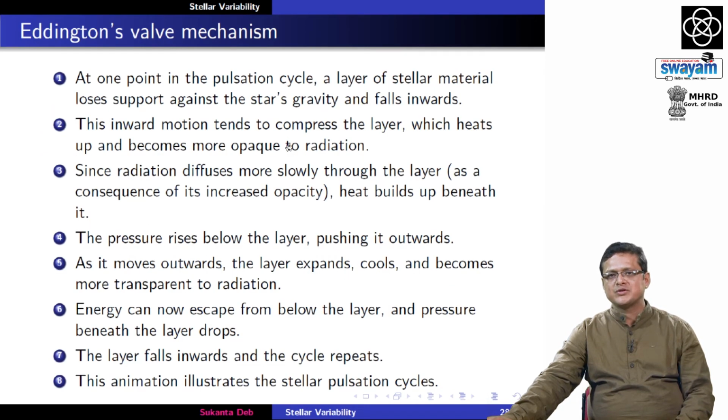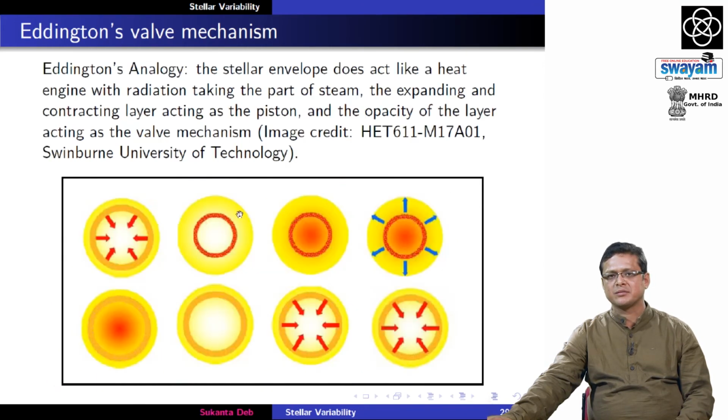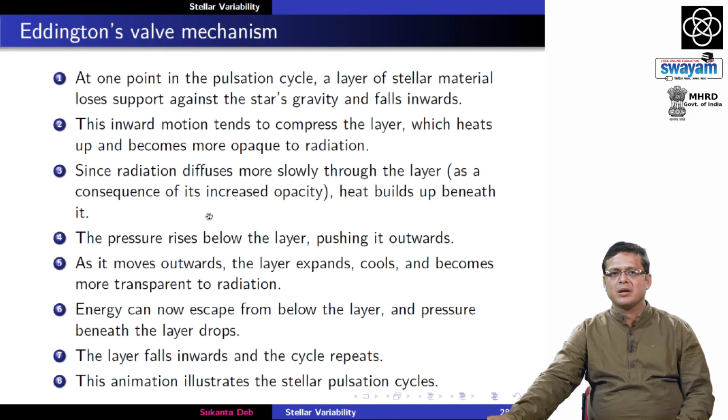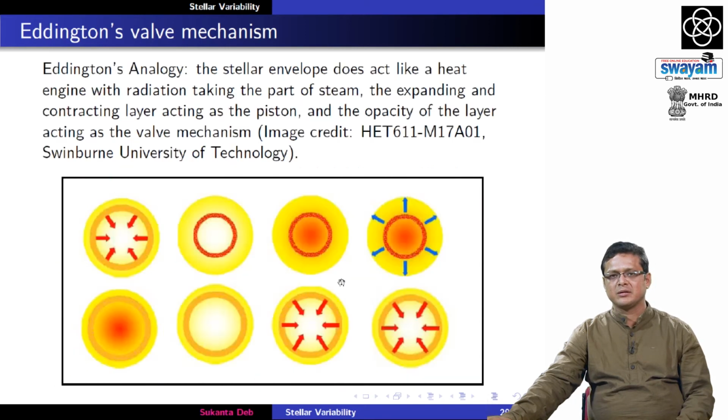This inward motion tends to compress the layer, which heats up and becomes more opaque to radiation. As the layer is compressed, the gas within it is heated up and becomes more opaque to radiation. Now, the radiation diffuses more slowly through the layer as a consequence of increased opacity, and heat builds up beneath it.